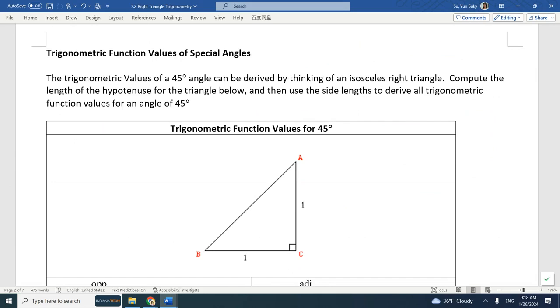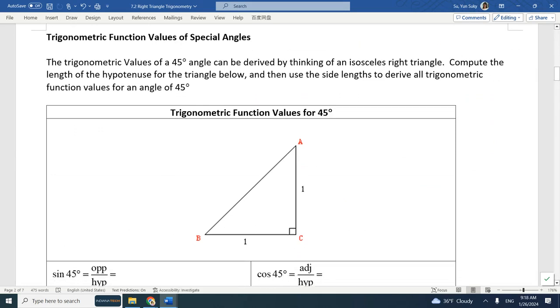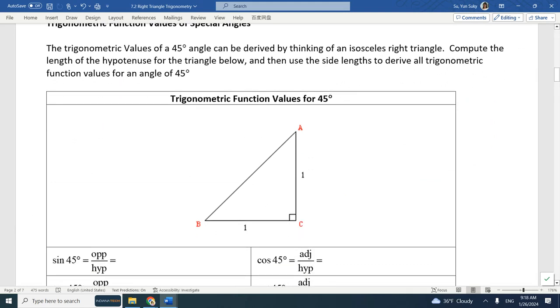Let's first look at 45 degrees. The 45 degree angle can be derived by thinking of an isosceles right triangle. Compute the length of the hypotenuse for the triangle below. Then use the sides' lengths to derive all the trig function values for the angle of 45 degrees.